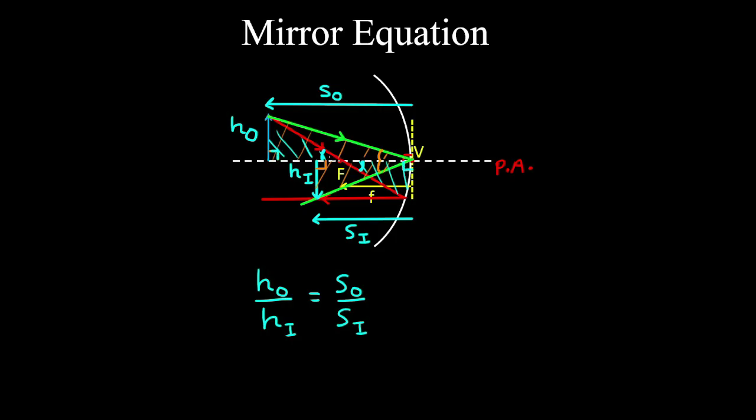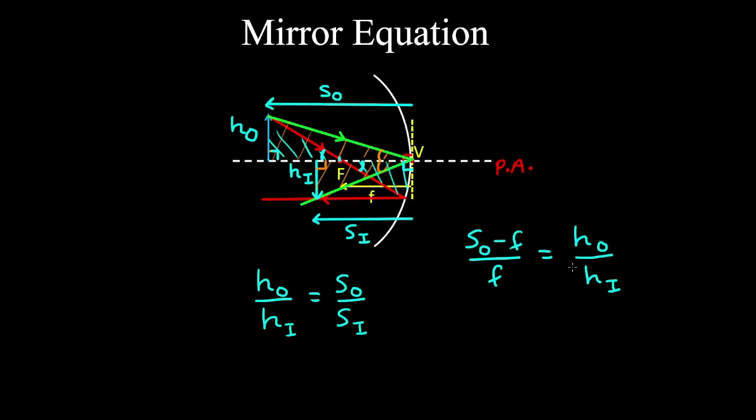So the length of this triangle's base is S_O, which is the distance from the vertex to the object, minus the distance from the vertex to the focus, and that's divided by the length of this triangle, which is the distance from the vertex to the focus, being f. And that's equal to the ratio of the heights of those triangles. So that will be the height of the object on the height of the image.